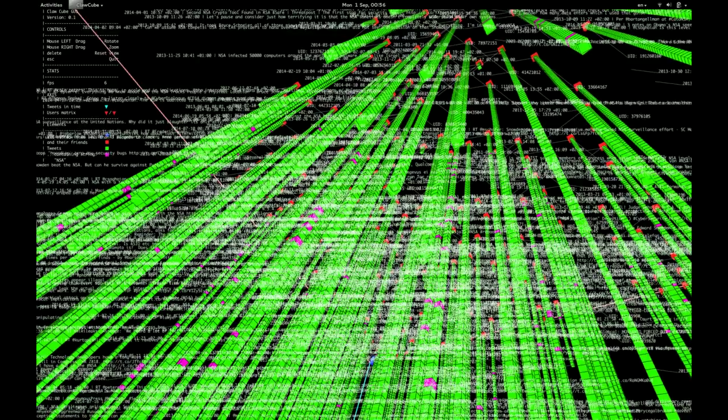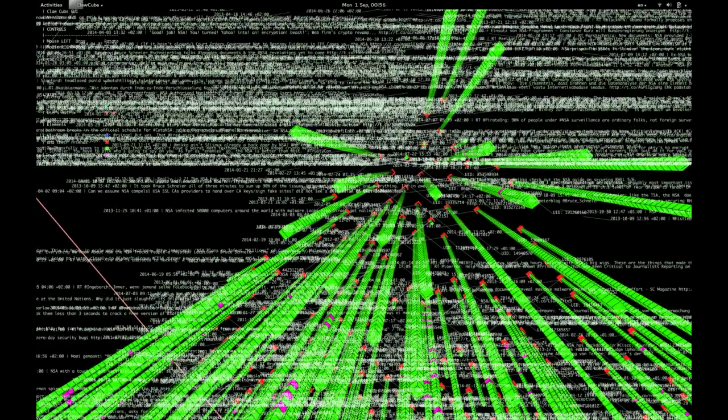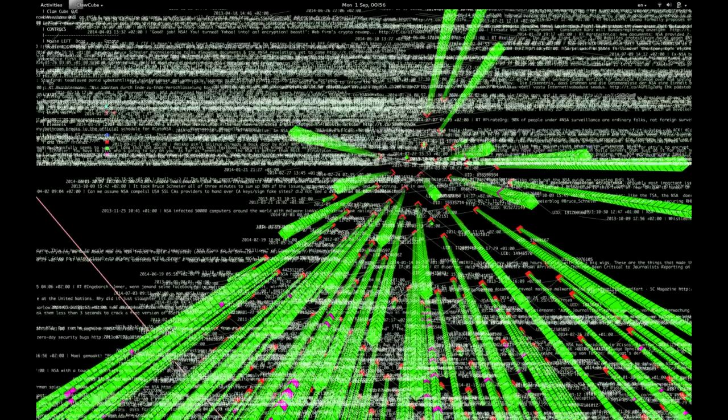The time span is between March 2014 and July 2014. The green cubes are actually ordinary tweets that we are not interested in, and the purple ones contain the word NSA in them, and these purple tweets have their text attached to them.